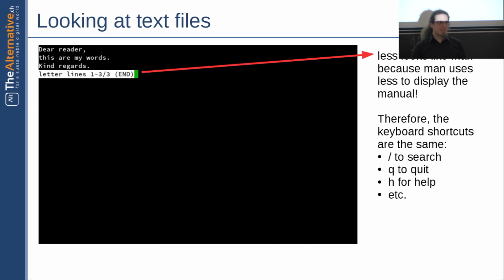Maybe you recognize something. It looks very similar to what we saw in the man page at the bottom. Man actually uses less to display the contents of man pages. Thereby you can use all the shortcuts we mentioned before to search and get help with H, or Q to close your less session.